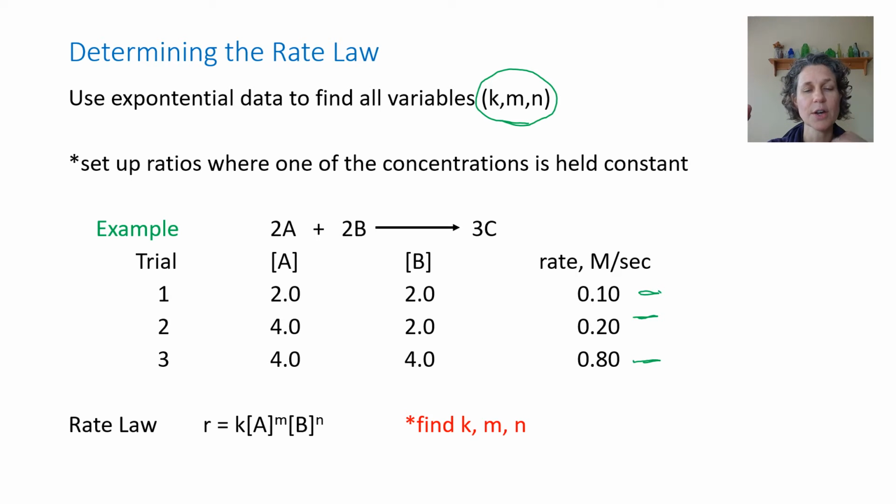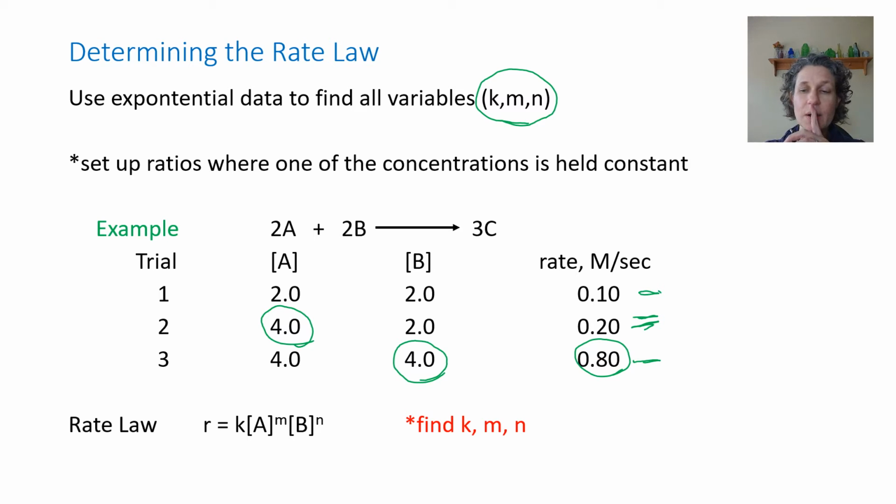From that, you can then determine how the rate changes if you change the concentration. If I change the concentration of A in the second trial, then the rate goes up this much. If I keep that change the same, but then I change the B, the second reactant, then I see that the rate goes up even more.